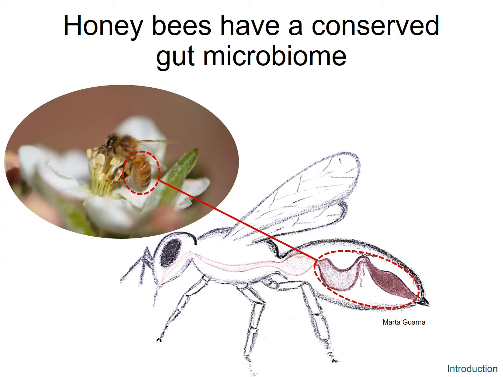The honeybee gut microbiome is a conserved community that consists of up to 9 core members. Most of the bacteria are found in the gut, which is the region circled here. The gut microbiome can be altered by biotic and/or abiotic stressors, and therefore can be used as an indicator for bee health.